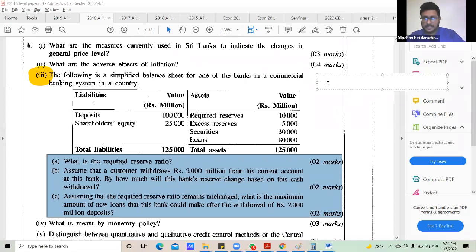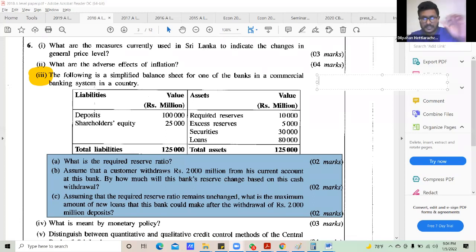So how can we get the answer? What is the required reserve ratio? That's the first question. Here you can see deposits are there. Shareholders equity, or capital, that is 25,000. That is also a liability of a commercial bank. And then we have required reserves and excess reserves also. This is also a reserve.